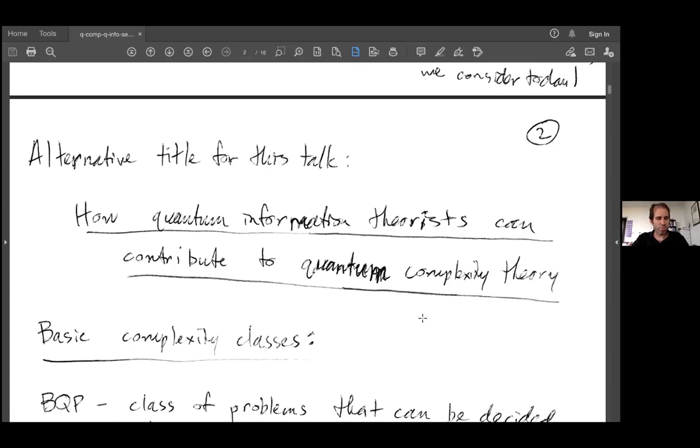There are all kinds of problems of interest to quantum information theorists, like calculating entropies, and calculating various measures of information and distinguishability. We can try to understand the difficulty of these tasks in the language of quantum complexity theory. And by doing so, we can figure out methods for computing these quantities.